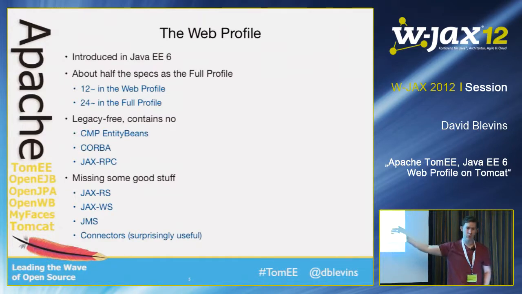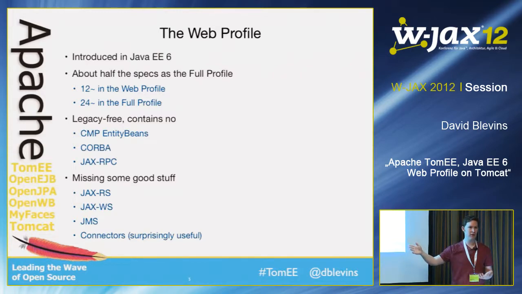Things that are in the full profile that are not in the web profile that are still useful, everything right here. So JAX-RS obviously is really important. That's actually getting moved into the web profile in Java EE 7. We have a distribution of TomEE with JAX-RS in it. In fact, we have a distribution of TomEE with all these technologies in there. JAX-WS, web services, full-on web services, not RESTful web services, actual web services, still useful.